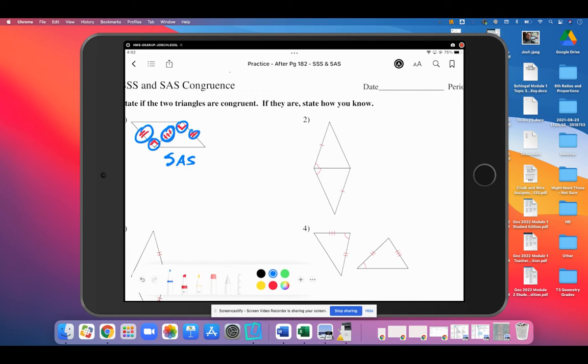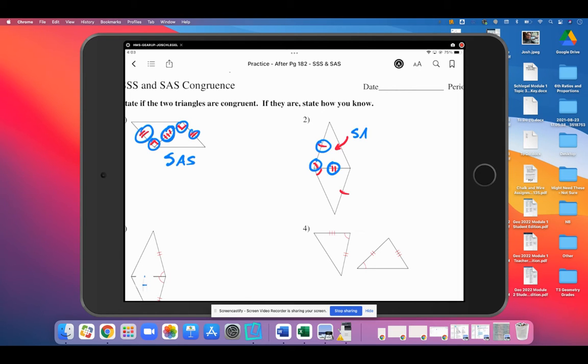Moving on to number 2, we can see that this side and this side are congruent. This angle and this angle are congruent. And that this side is congruent. Now, if we look at this top triangle, we do have a side, an angle, and a side.